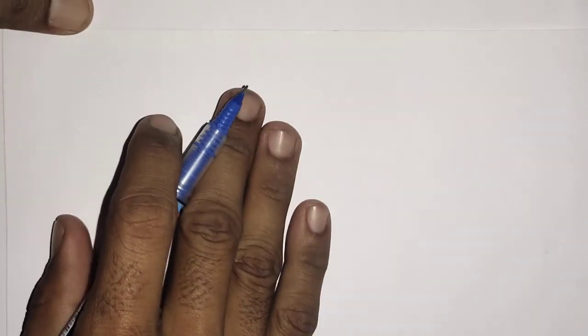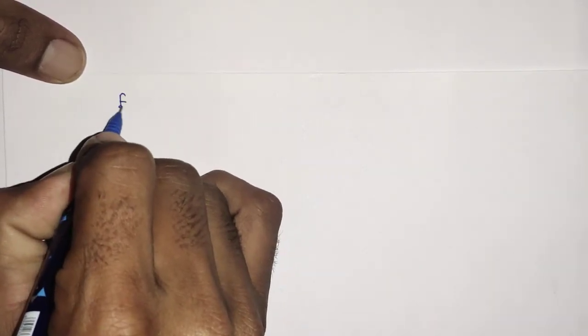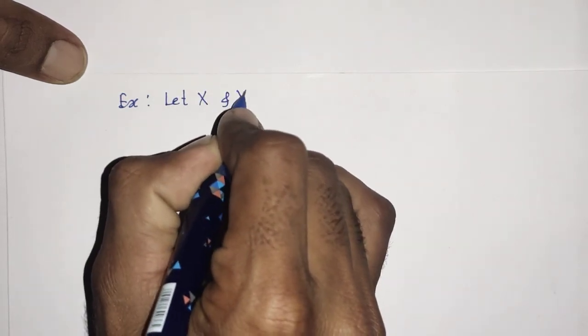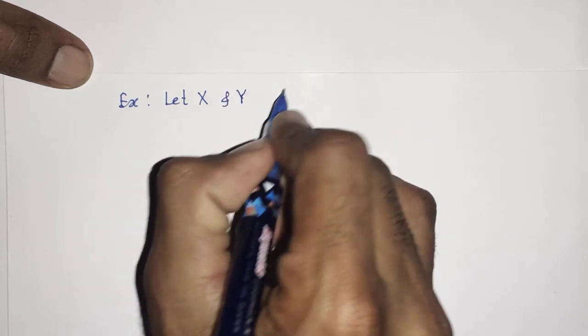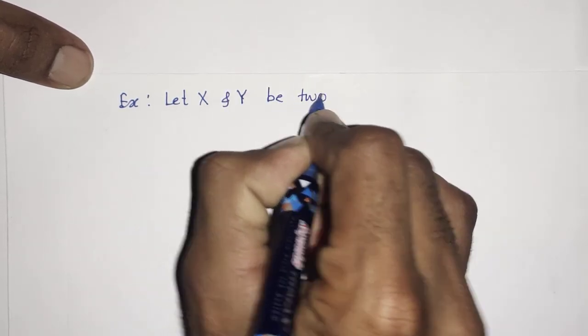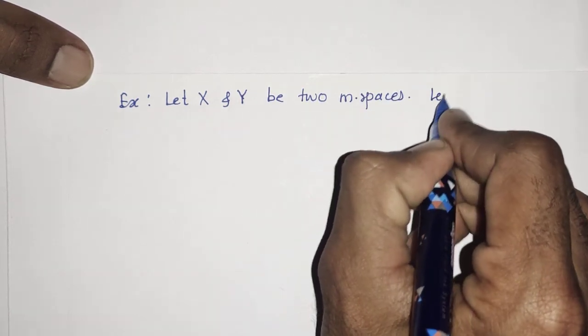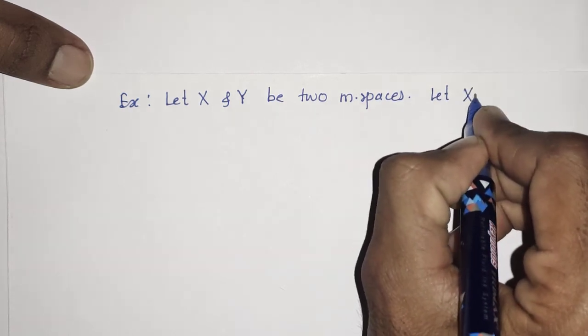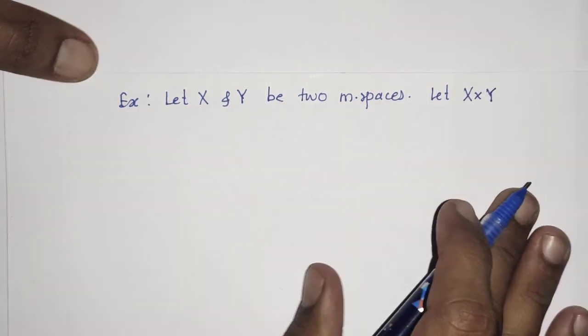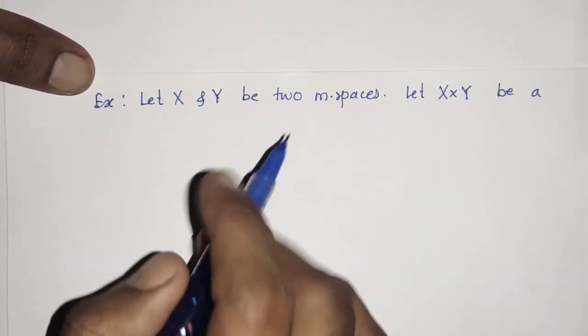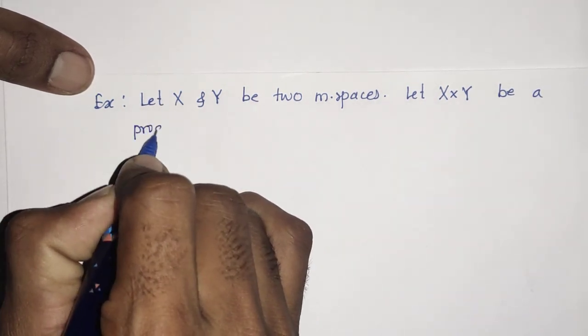Today we will discuss some examples of sequences, and after that completeness. So the first example is: let X and Y be two metric spaces, and let X cross Y be a product metric space.